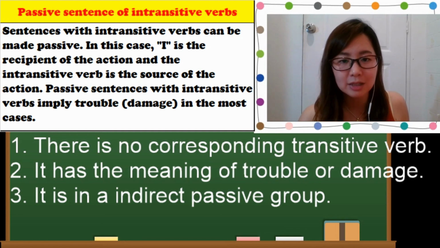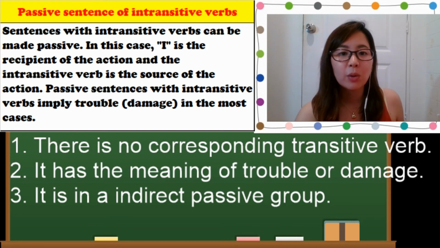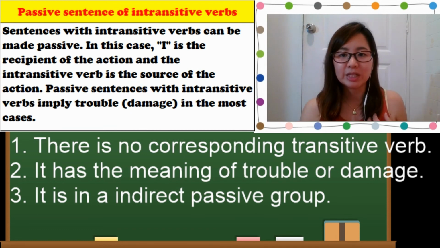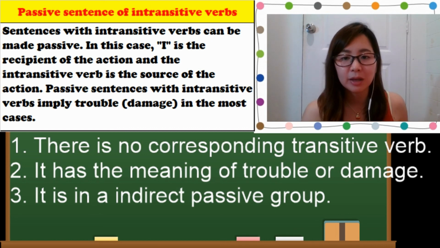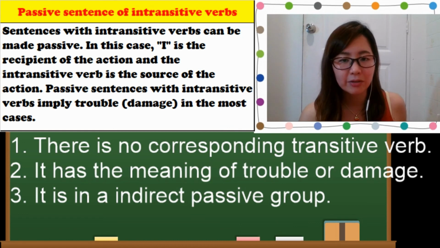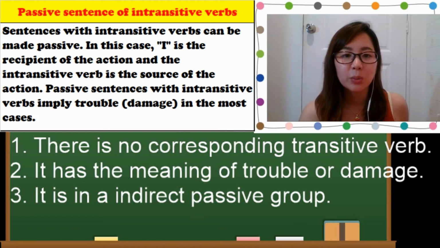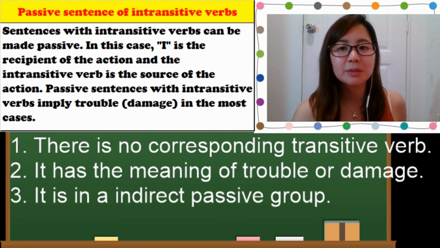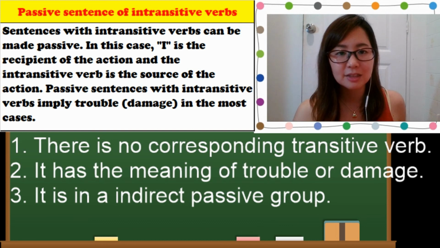But in most cases, it has a trouble or damage meaning. And the third one is it is in an indirect passive group. So, 私は子供に泣かれました。I is the recipient of the action. So, I am included in the sentence. It means it is an indirect passive group. So when these 3 rules are applied, intransitive verbs can be passive sentences.